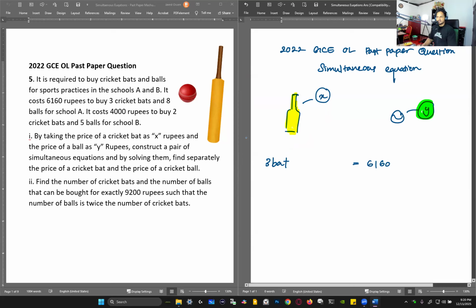But in the question, they have very politely asked you to take the price of a bat as X. Therefore, I will write X. But in real life, if you write 3 bats, absolutely correct.